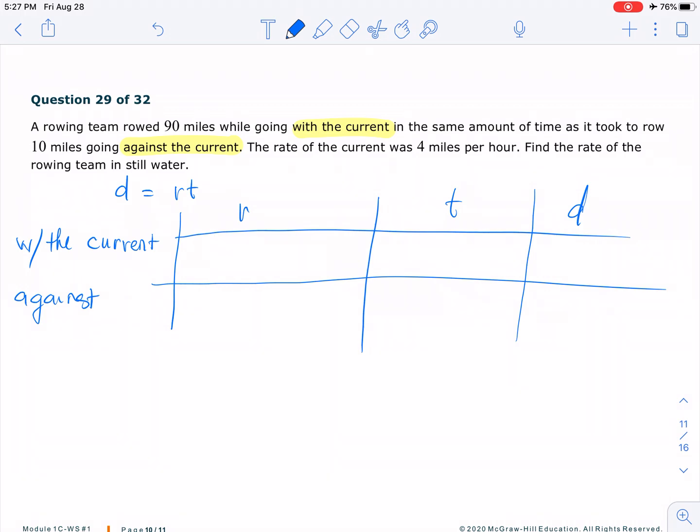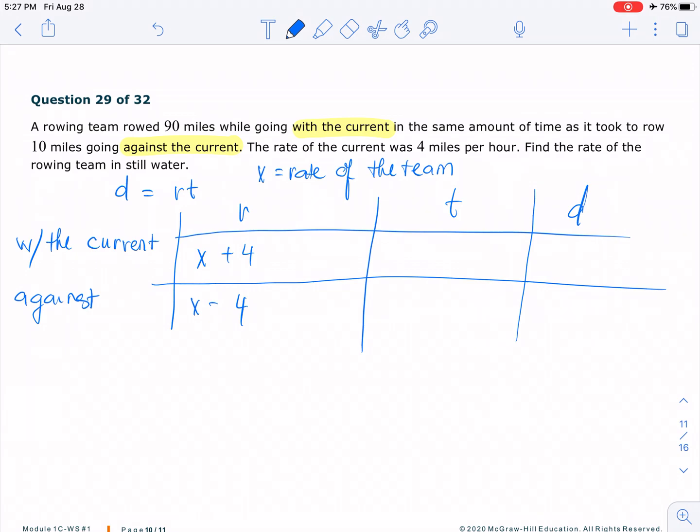So let's call it x. That's going to be the rate of the team. Now for the rate when the team is going with the current, we just add 4. Going against the current, we subtract 4.